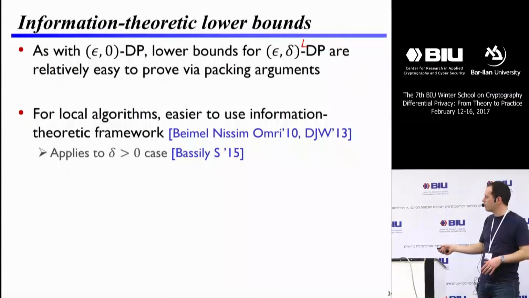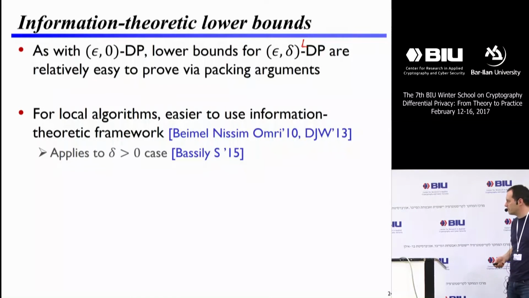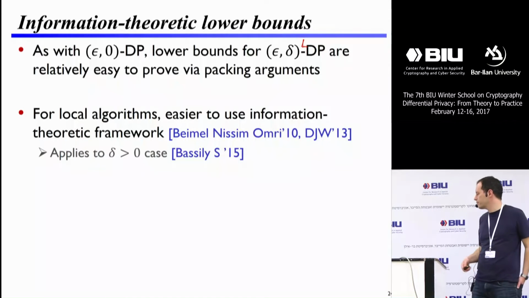Whereas for epsilon zero differential privacy, you can do the same thing, but it doesn't buy you any simplicity, so we don't do it. This information theoretic framework is implicit in a lower bound in a paper of Bassily, Nissim, and Omri, and later was made explicit by a paper of Duchi, Jordan, and Wainwright, and generalized in another paper. Anyway.